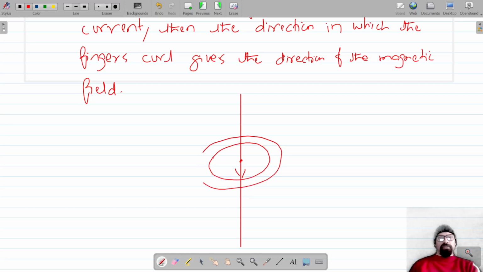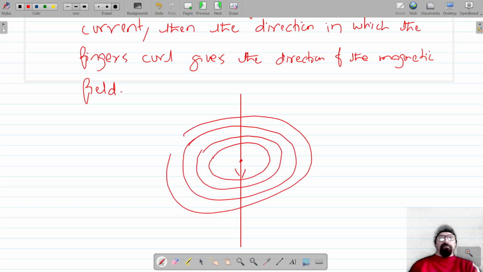So we have to give the direction, whether it's clockwise or anti-clockwise. Here the current is in the downward direction. If we grasp the conductor in our right hand, the thumb points downward, and the fingers curl going into the page, into the plane of the paper. So this is the direction of the magnetic field.